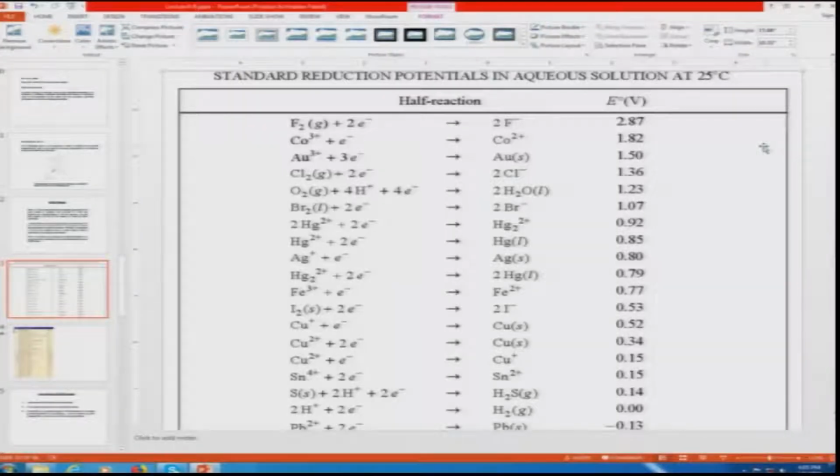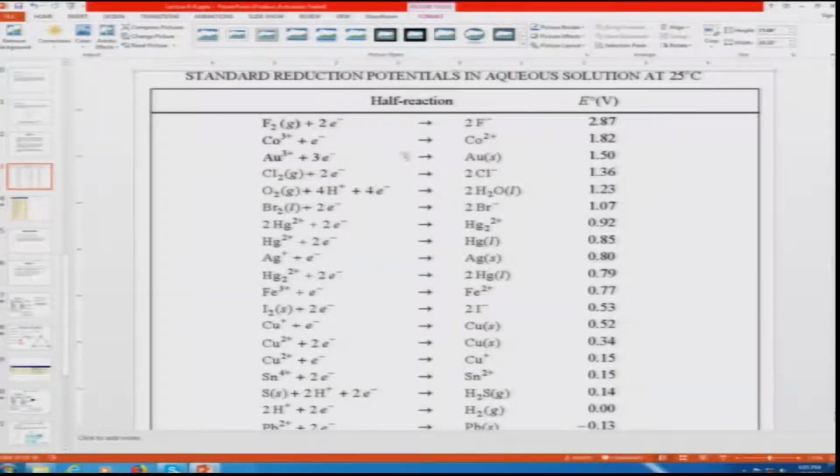in comparison to hydrogen, I would say. Now, if I look at some of the series, for example, one series is, let us look at this. This is the standard reduction potential series for metals as well as pure elements.